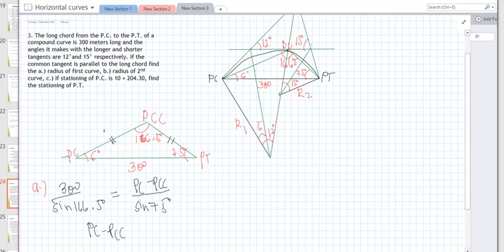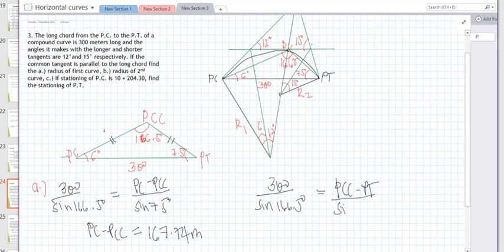So equate that formula: the distance PC to PCC is equal to 300 times sine of 7.5 degrees divided by sine of 166.5 degrees. That is equal to 167.74 meters. Then the other one, PCC to PT, is the same again. 300 divided by sine of 166.5 degrees equals PCC to PT divided by sine of 6 degrees.